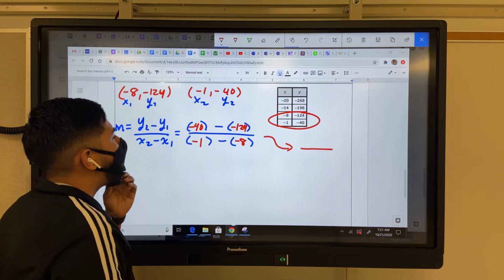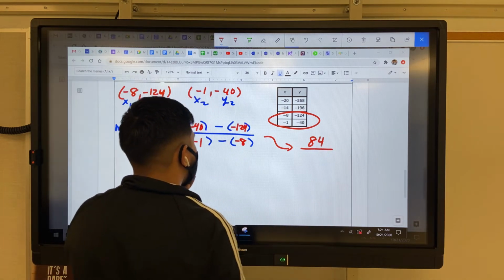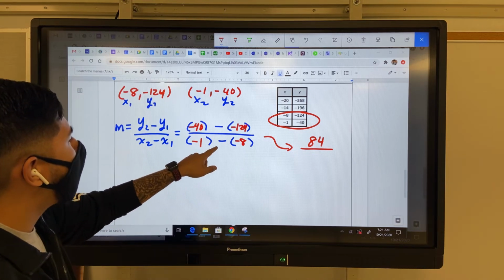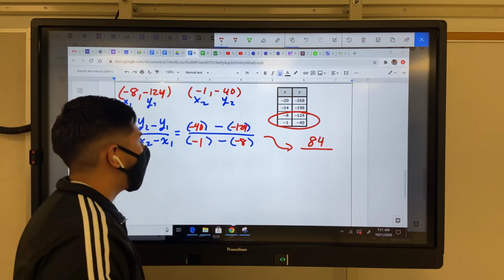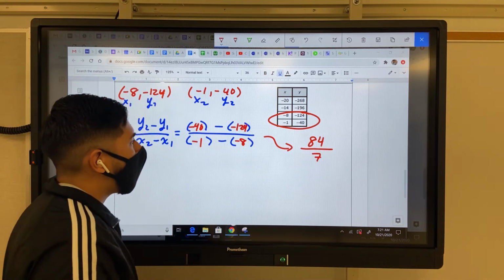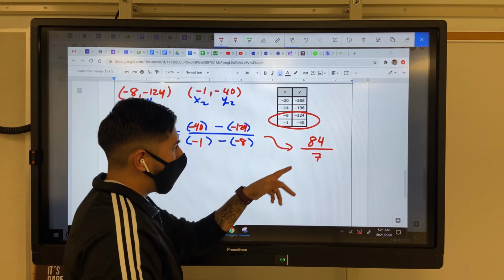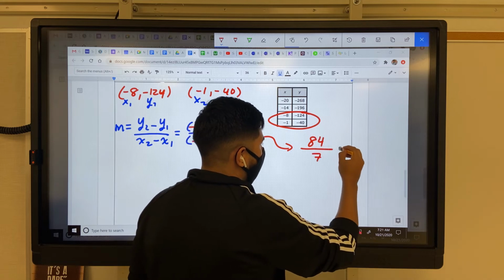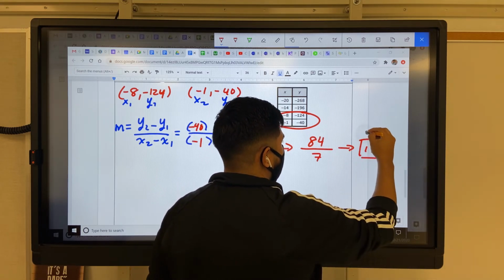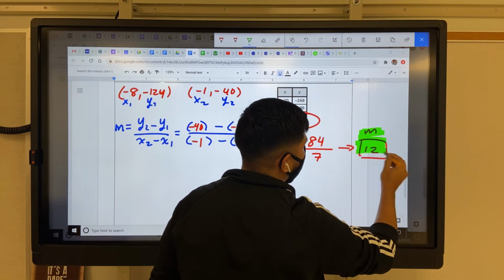It's going to be a positive 84 if I'm doing it by hand. And then we got -1 minus -8, which is a positive 7. And guess what? This reduces, if you did it correctly, to 12. So make sure you double check that. My slope is 12.